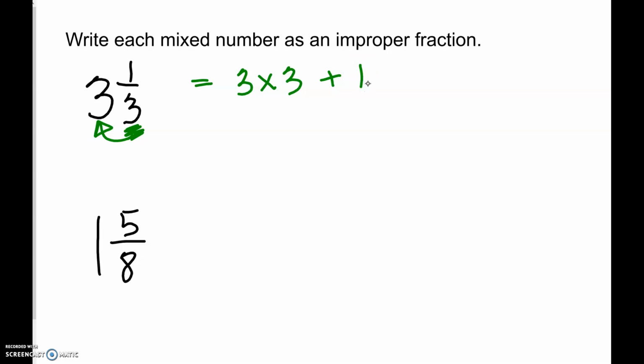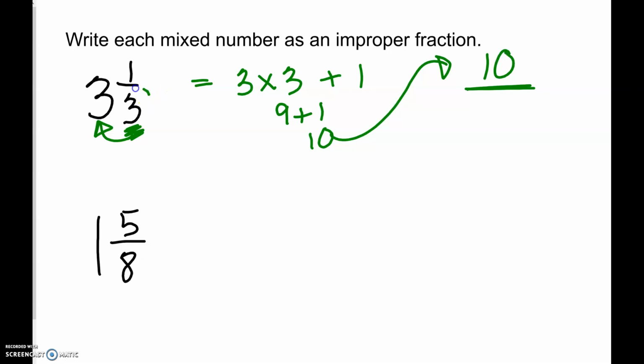This gives us the numerator of that improper fraction. So 3 times 3 is 9 plus 1, so we get 10. The 10 goes on top. And remember, we keep the denominator. So this denominator 3 is what goes on the bottom. So we started with the mixed number 3 1/3, and we change it to the improper fraction 10 over 3.